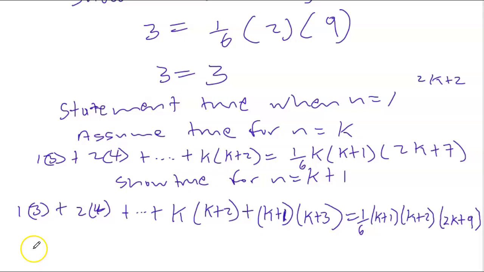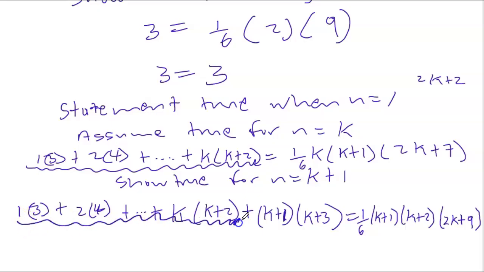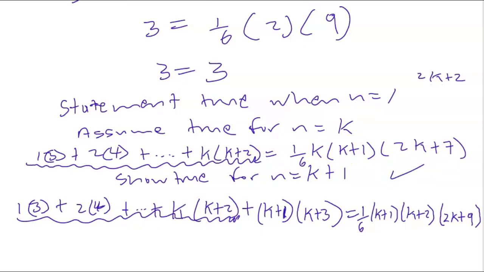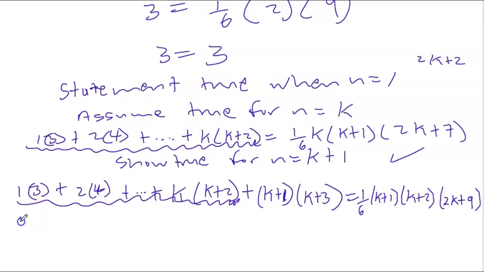And like in all induction proofs, we use back the identity from step 2. If you look at step 2, from 1 times 3 to k times k plus 2, all of this is equal to 1/6 k. All of what I underlined is equal to 1/6 k.